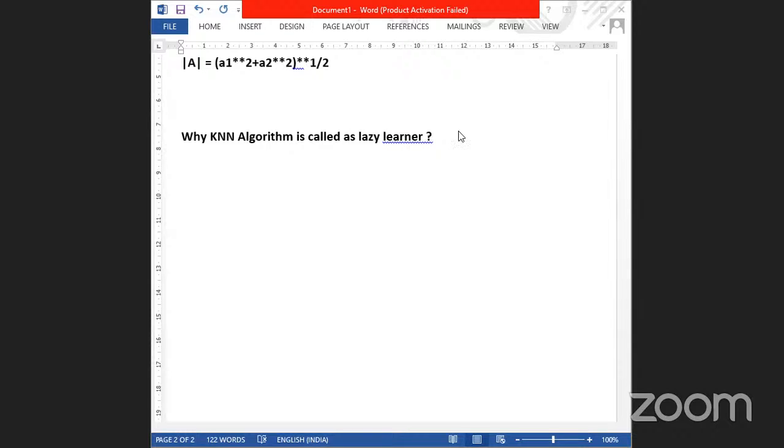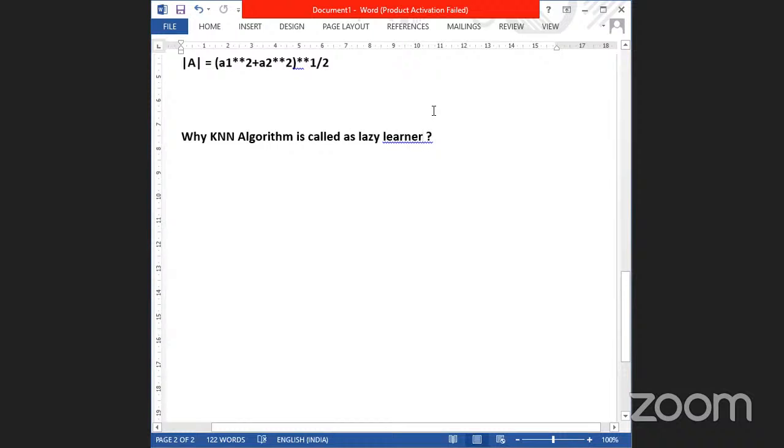So it checks multiple times, not just once, and finds which one gives the nearest distance. And it totally depends on what K you are taking.